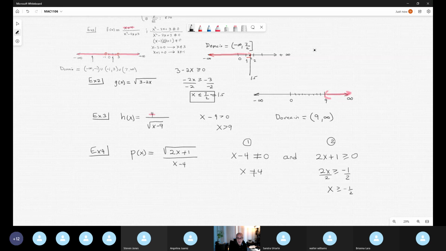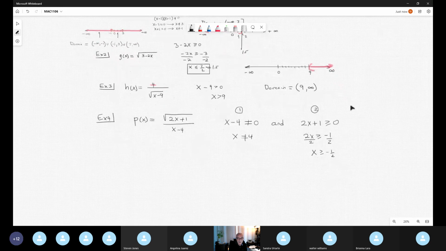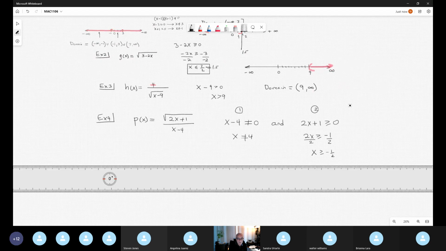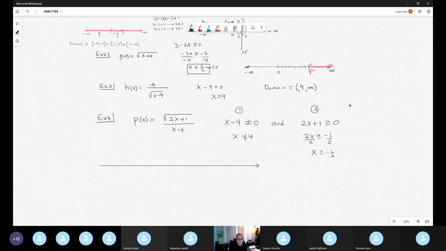Okay, now let's do the sketch to see it more clearly. One picture is better than 1,000 equations, 1,000 words. Real numbers: infinity positive, infinity negative, 0 in the middle.